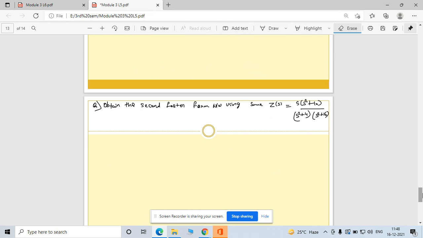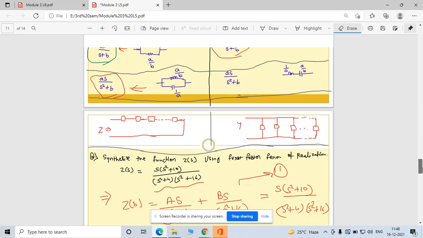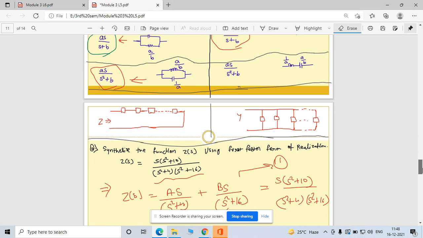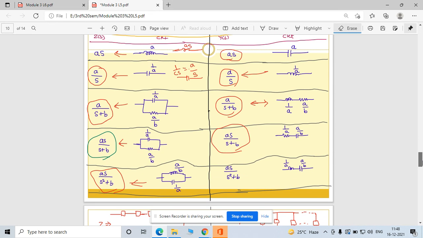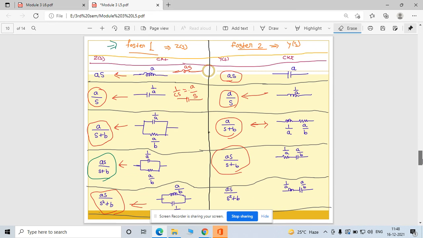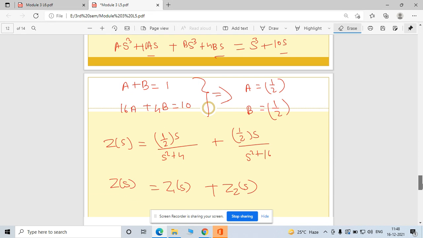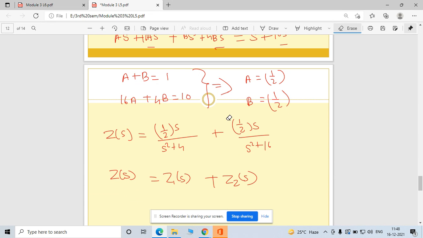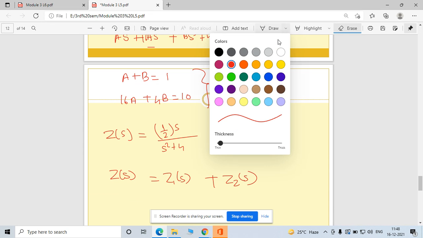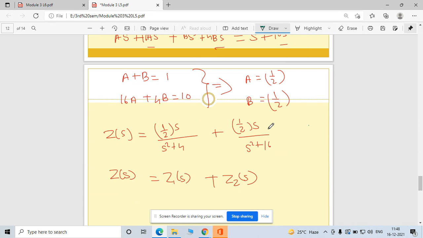Now we are talking about Z, right? So this is nothing but your Foster 1 form. In the Foster 1 form, we only talk about the impedance function. Observe this. What function is represented here? This is in the form of a s by s square plus b.